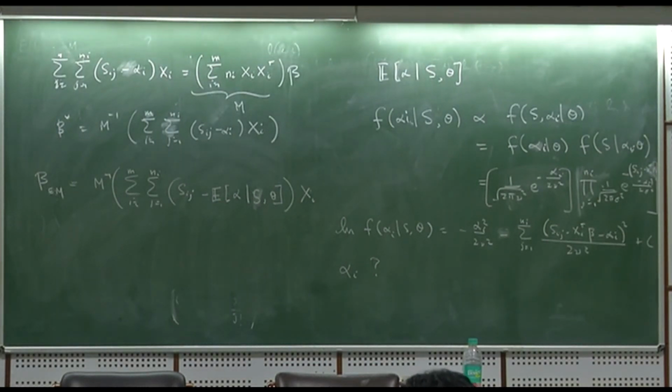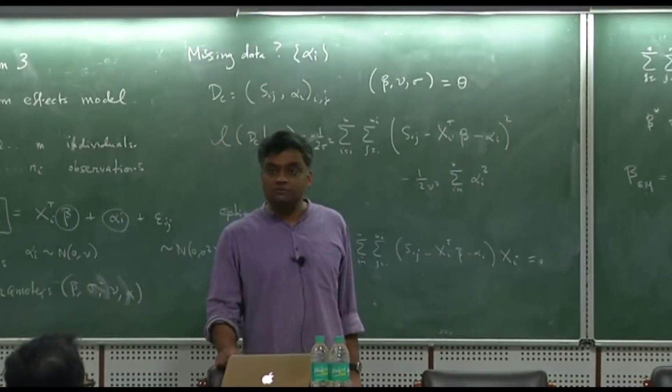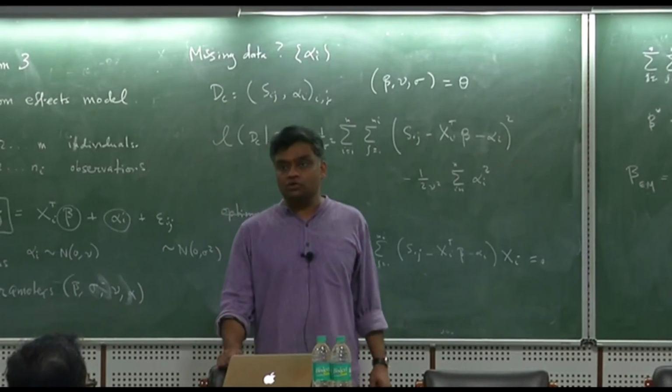Somebody said the right answer. Normal. Why normal? Exponential doesn't necessarily mean normal, right? But there's a special property of that thing which will make it normal. Your answer is right, that it's normal.